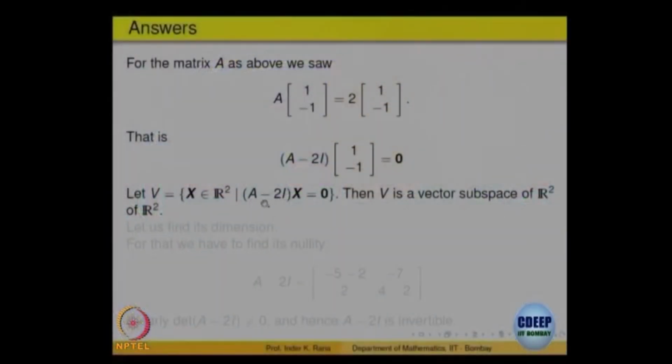So, let us look at one way of looking at this. We look at this matrix A minus 2I, right. I am looking at all possible solutions. Now, if you have a matrix with Ax equal to 0, and the matrix is invertible, then what are the solutions?